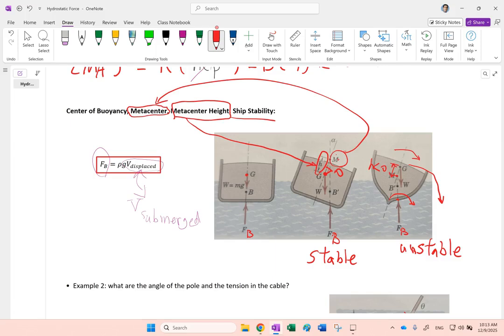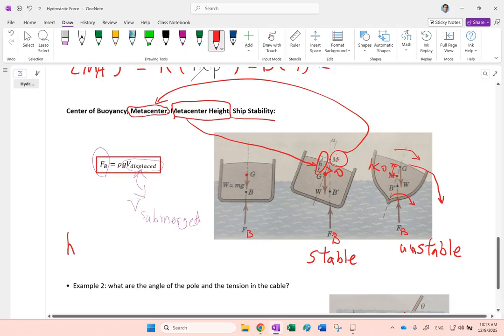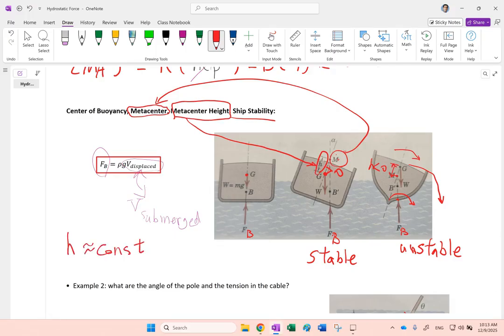Now, one of the interesting things that they do when they design a ship is to try to keep the metacenter height at a fixed number. So they design the ships such that h is almost constant when the tilt angle alpha is up to 20 degrees.